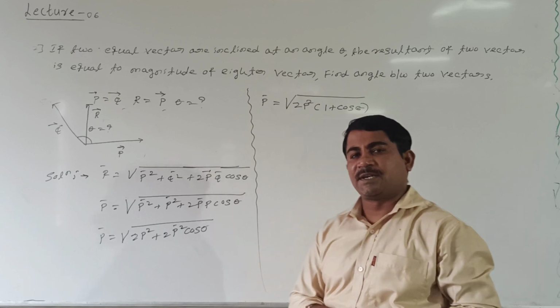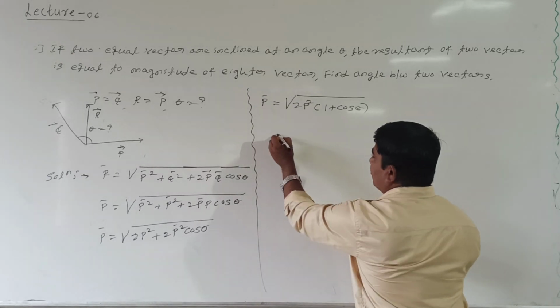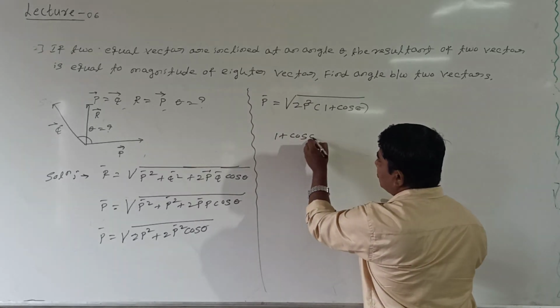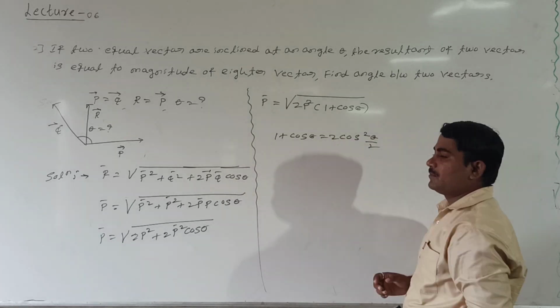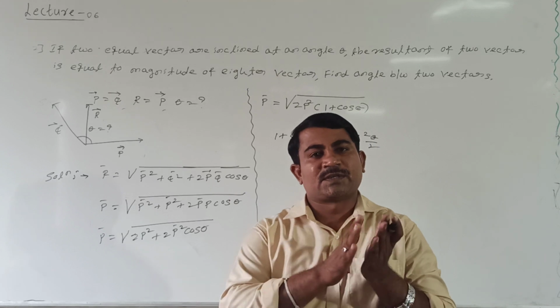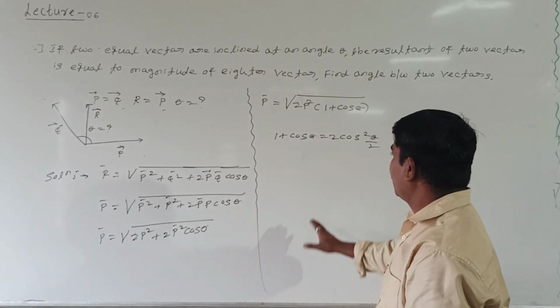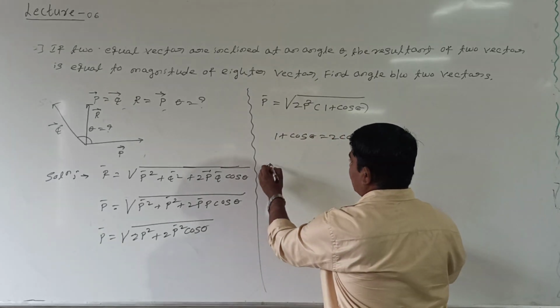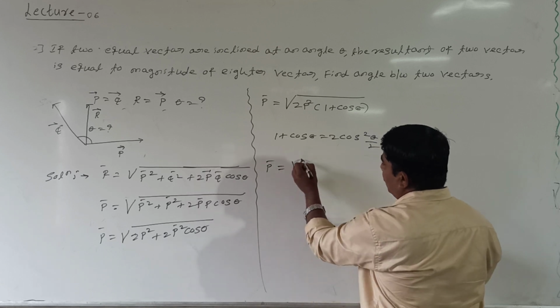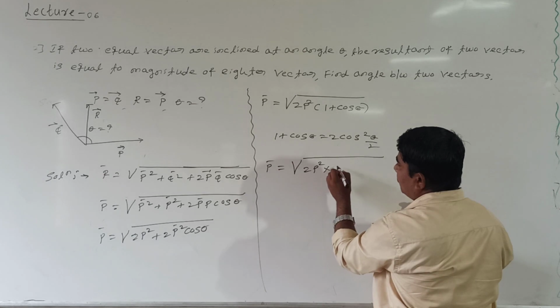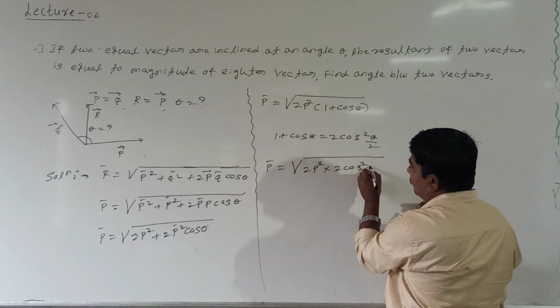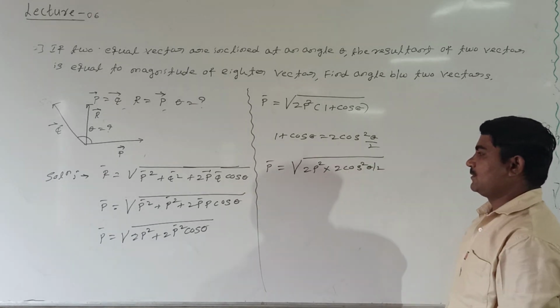You know 1 plus cos theta equals 2 cos square theta by 2, by the formula. Then P equals the square root of 2P square into 2 cos square theta by 2.